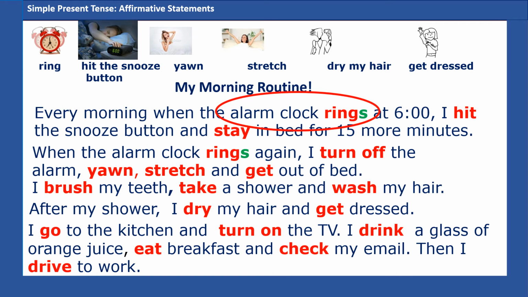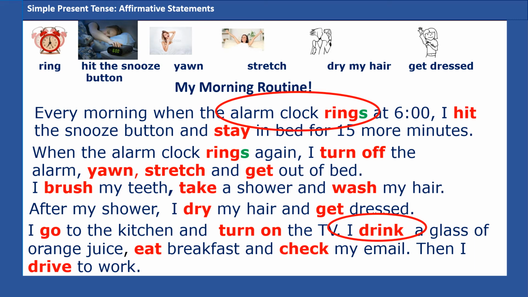And then we have another one that gives us information about alarm clock. Now, all the other verbs, for example, I drink, there's no S. Why? That's right, because the subject is I. And when you use I, there's no S at the end of the verb.